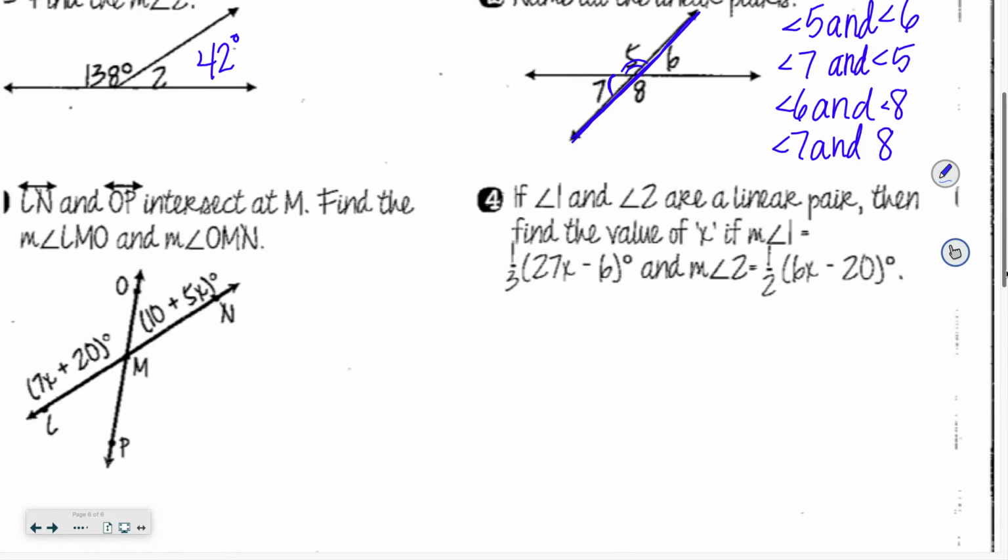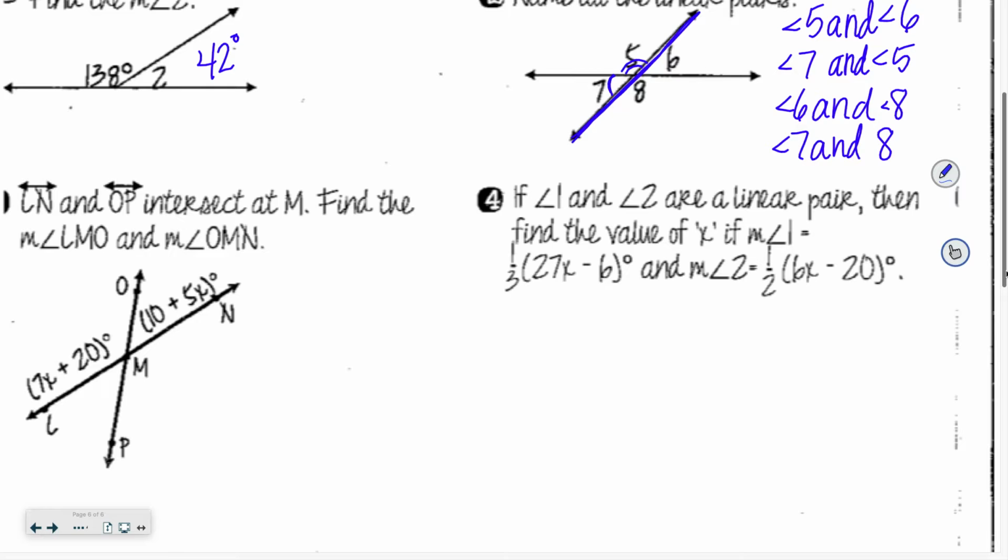All right. Line LN and line OP intersect at M. Find the measure of angle LMO and the measure of angle OMN. So these are a linear pair. So what are we going to do with them?